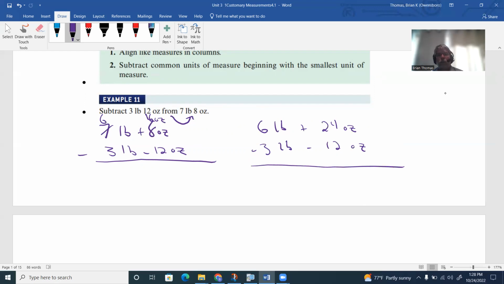This gives us 12 ounces and 3 pounds. There are not enough ounces to make a pound, since I need at least 16 ounces to go up to the next bigger unit. So that is in standard notation.